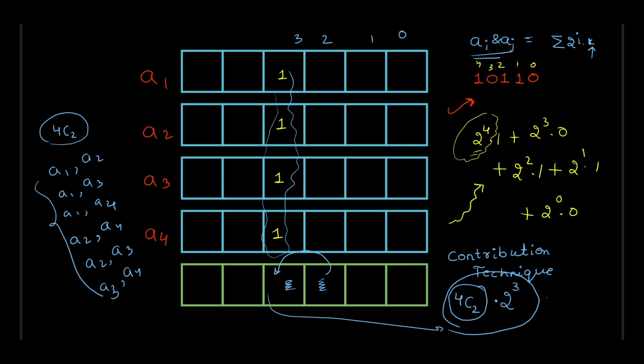So in this manner, you only have to worry about the carry once you have calculated the contribution of all the bit positions, and then finally when you are summing all of these bit positions, you can simply do something like 4C2 into 2 to the power 3, then some coefficient into 2 to the power 2, etc. For some of you this might sound pretty obvious, that bit positions can be treated independently with the 2 to the power I technique, and for some of you it might be completely new.